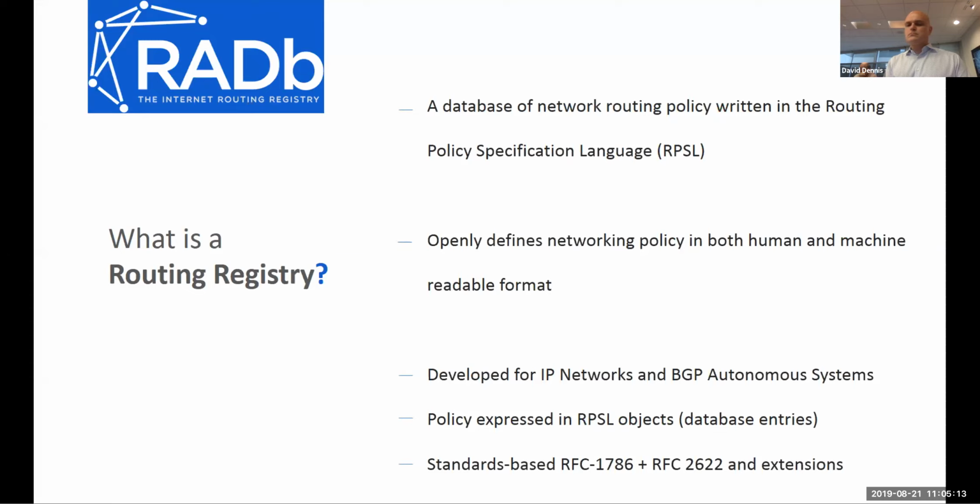It's queryable on demand and available in bulk form. It was developed specifically for IP networks and BGP autonomous systems. It doesn't scale to internal networks or otherwise. Each database entry is publicly available and written in the RPSL format. We call those objects. Each database entry is an object. There's a handful of standards available linked on the website irr.net.